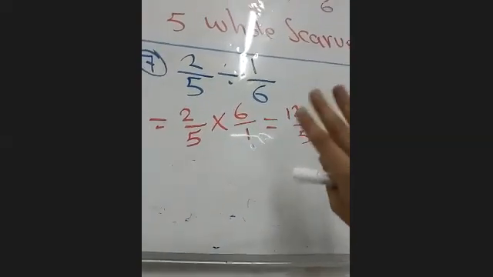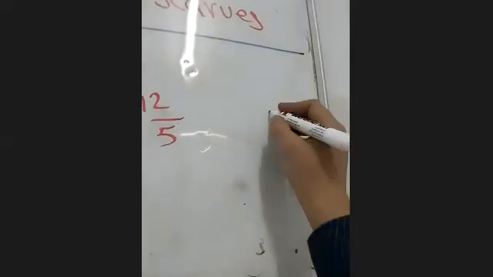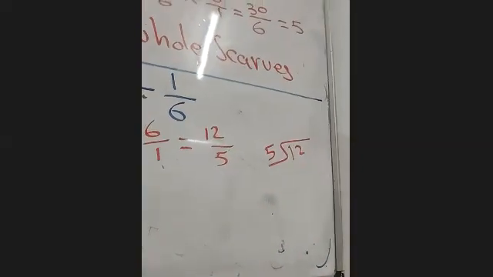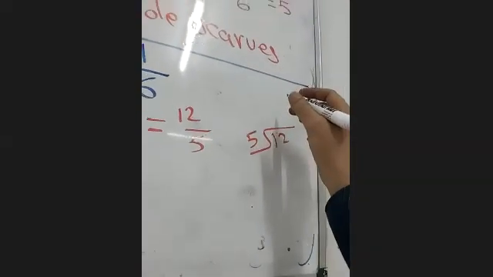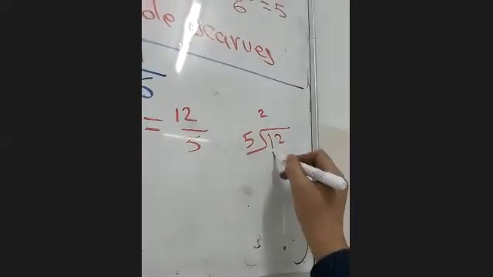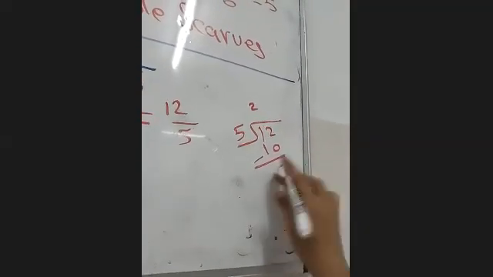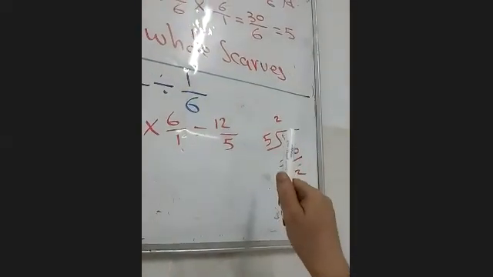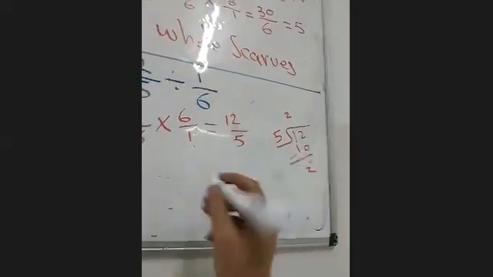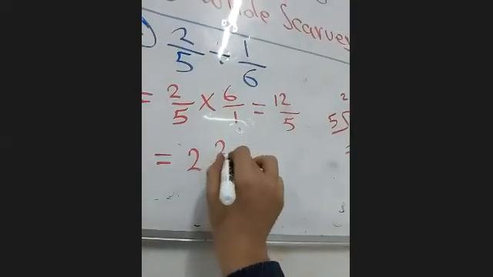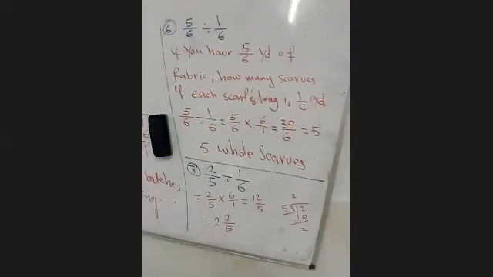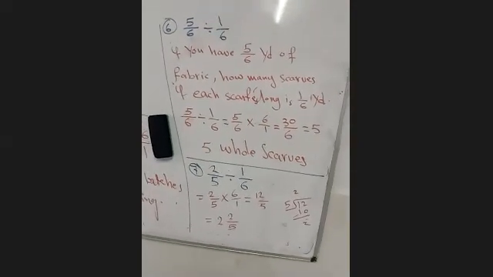So this is already simplest form, but we need to simplify more by long division, right? 12 divided by 5, how much? 2. 2 times 5 is 10, subtract, 2. So what's the final answer here? It's 2 and 2/5. This is question 7.